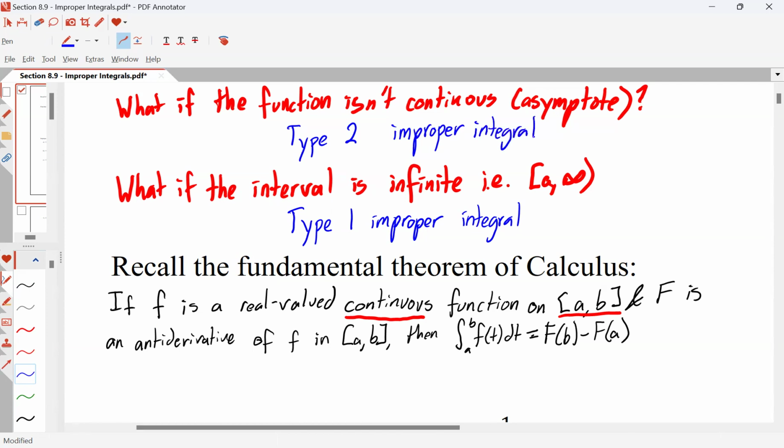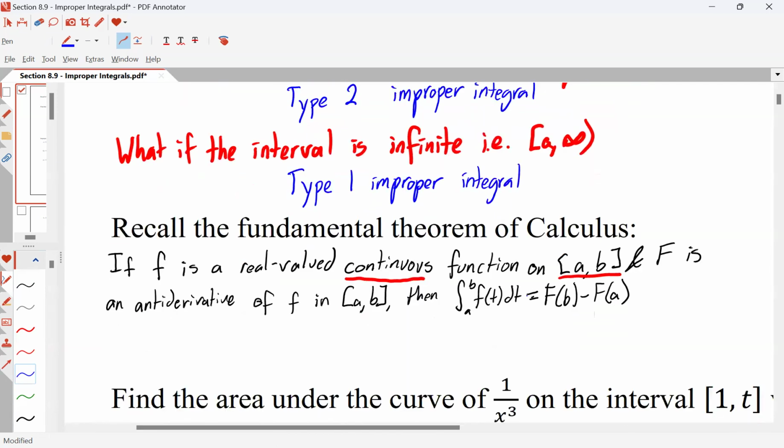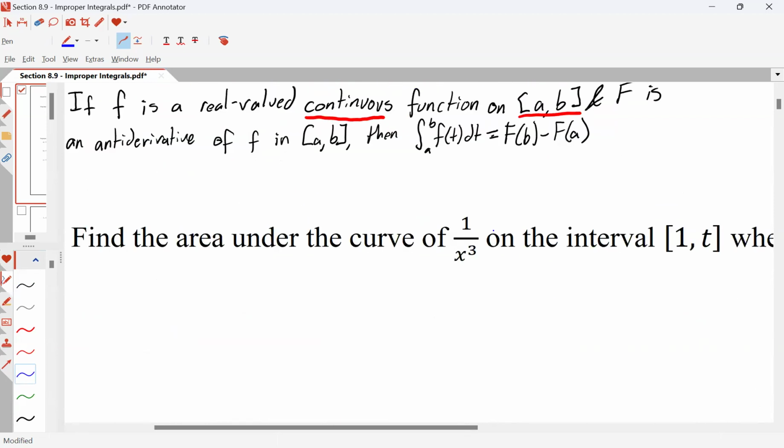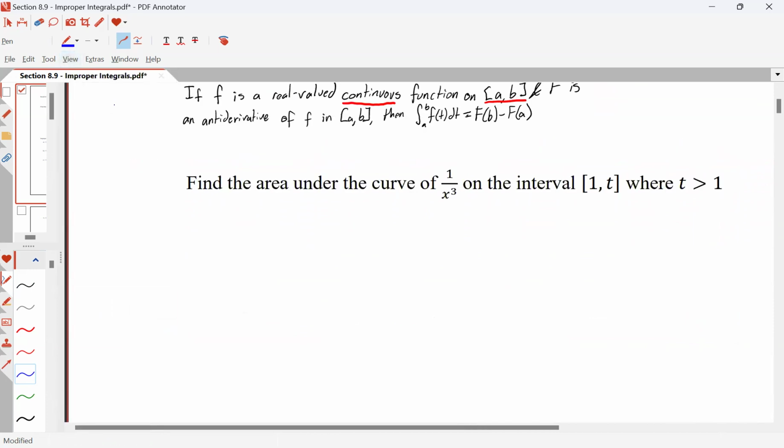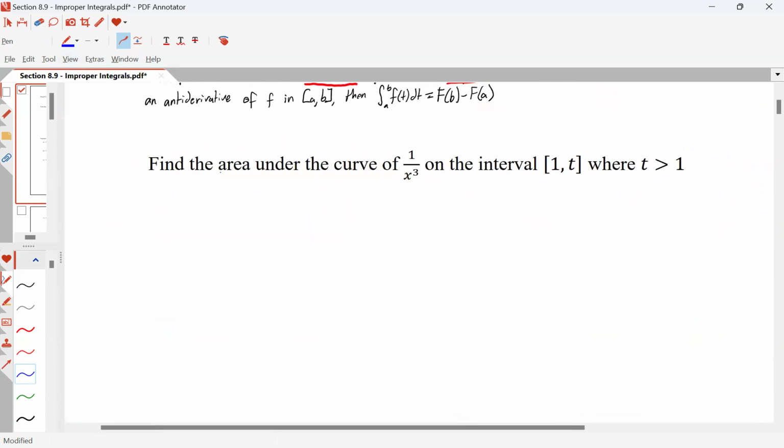As a first example, suppose we want to look at the area under the curve of 1 over x cubed on the interval 1 to t, where t is bigger than 1. The area under the curve is the integral, and t is just some real number. So we're looking at the integral from 1 to t of 1 over x cubed dx, which is the integral from 1 to t of x to the negative 3 dx.